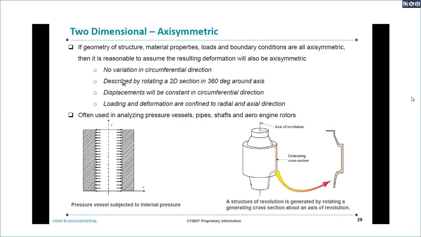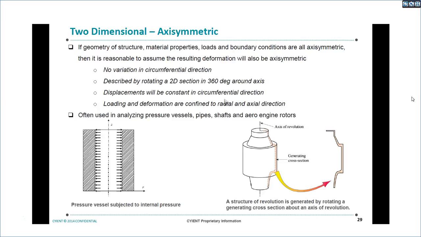Some of the important things about axisymmetric: there is no variation in the circumferential direction. That means there won't be any changes in the geometry in the circumferential direction. If you take any section in the geometry, it should remain the same, described by rotating a 2D cross section 360 degrees about the axis.